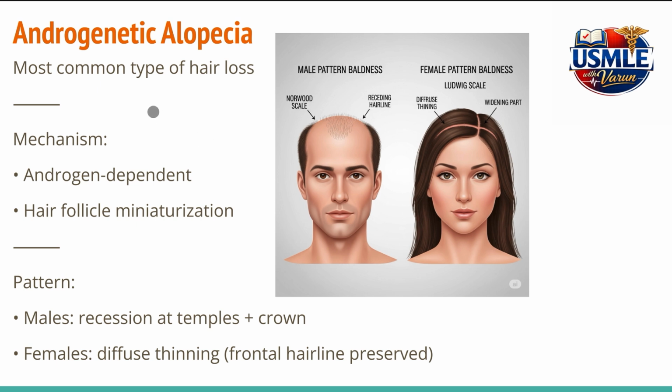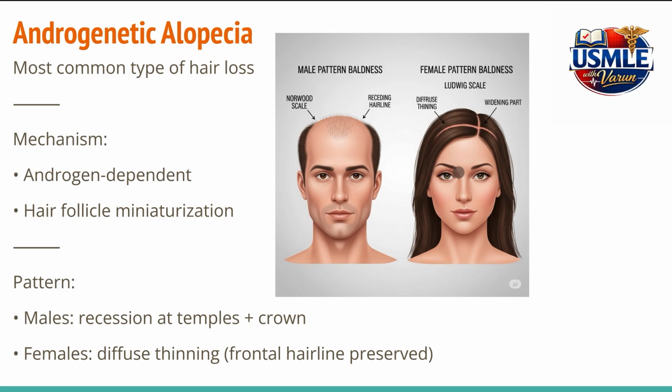Androgenetic alopecia is the most common form of hair loss. It is driven by androgens, particularly a metabolite called dihydrotestosterone. This DHT causes progressive miniaturization of the hair follicles. Over time, thick terminal hairs become thin and fine hairs. So this pattern of hair loss is very characteristic.